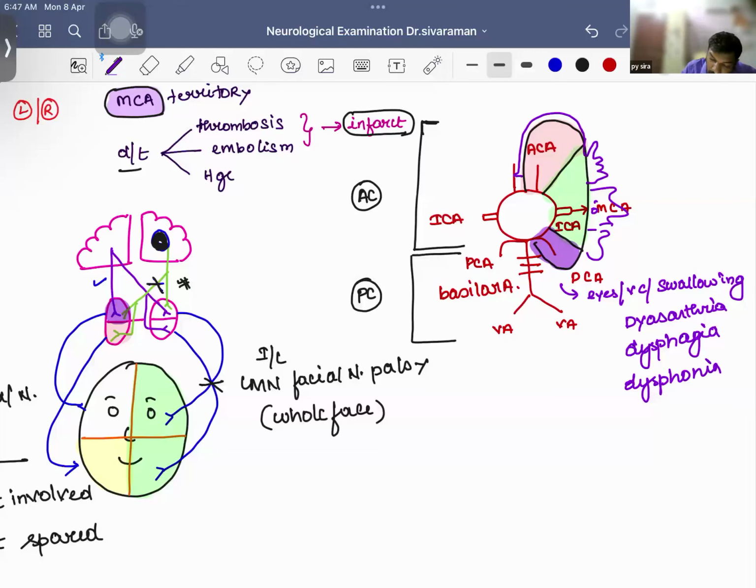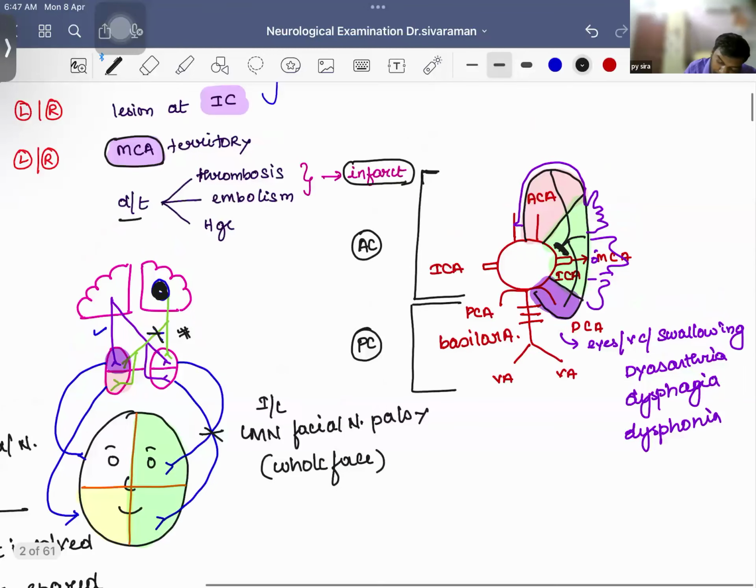Now all the fibers are going to start from here, from ACA territory, from MCA territory, from these territories. All these fibers are going to converge in a point called the internal capsule. This internal capsule is supplied by the internal carotid artery, and from the internal carotid artery we have MCA. From MCA we have a branch called the lenticulostriate branch.